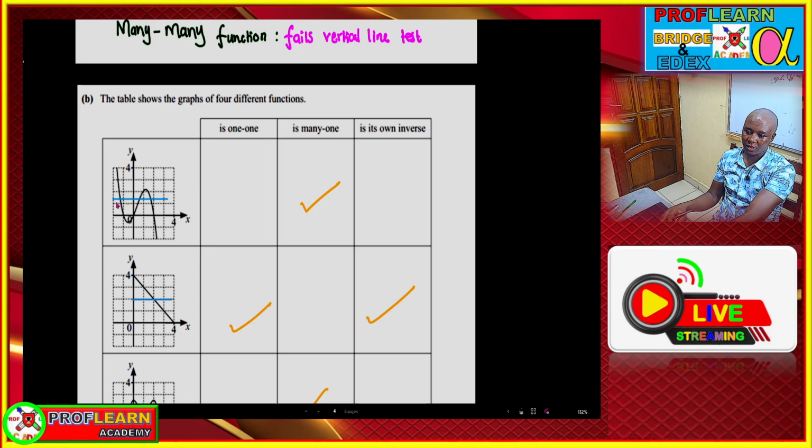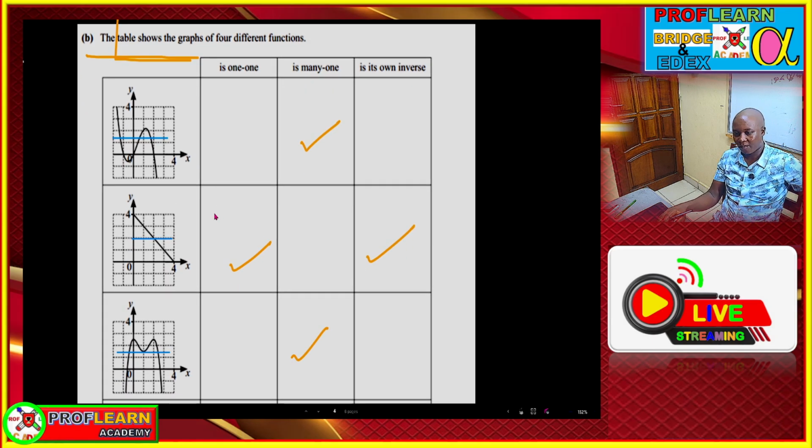But whenever you want to know whether a function is a one-to-one function, you use the horizontal line test. If it's a one-to-one function, if you draw as many horizontal lines, they will cut that graph only once. But for this one, if you draw the horizontal line, it's going to cut the graph more than once, so that is a many-to-one function. So it does not have an inverse.